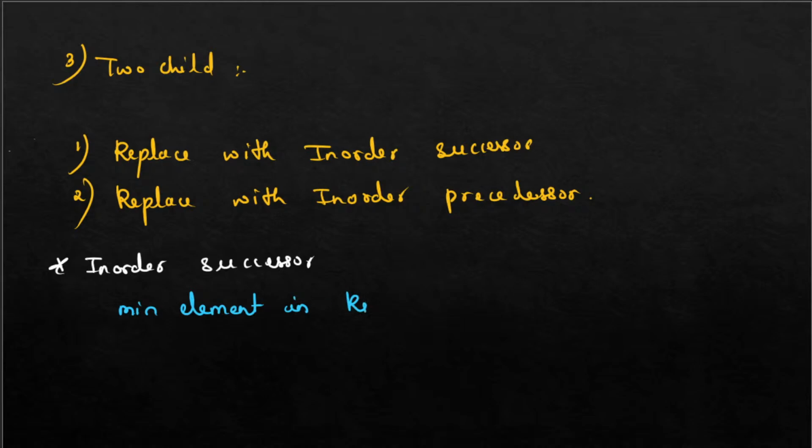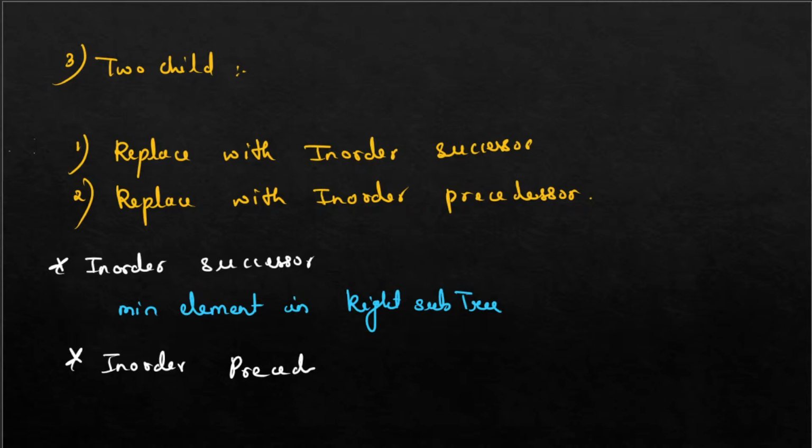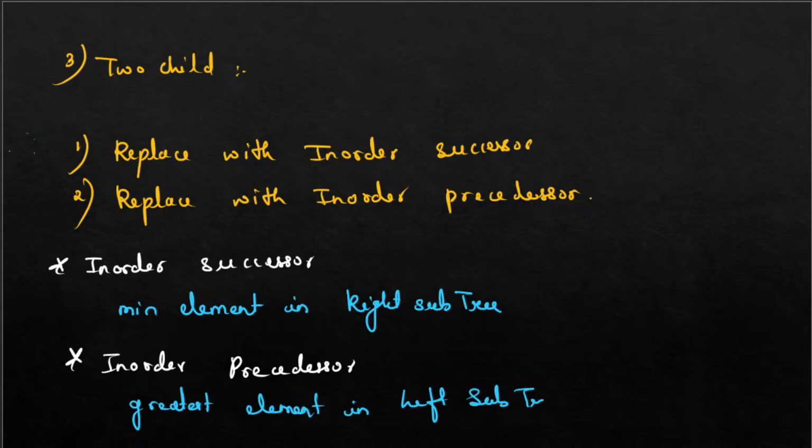But if we go with the in order predecessor, this time we get the greatest element in the left subtree. Alright everyone, do you all have any doubt in this? Any doubt till now?